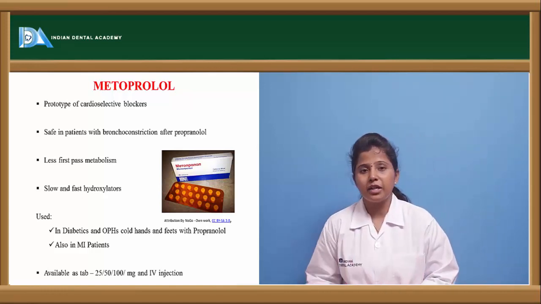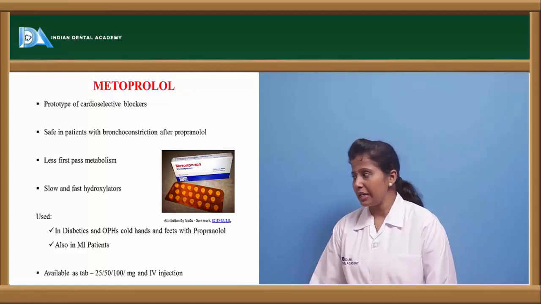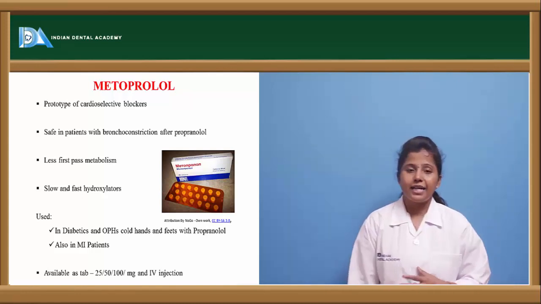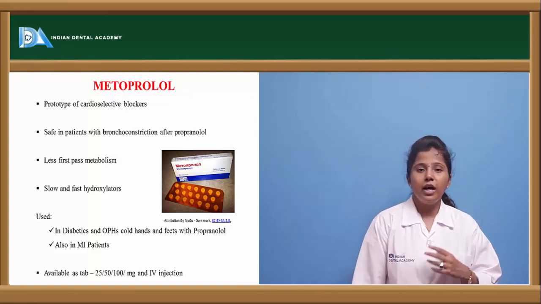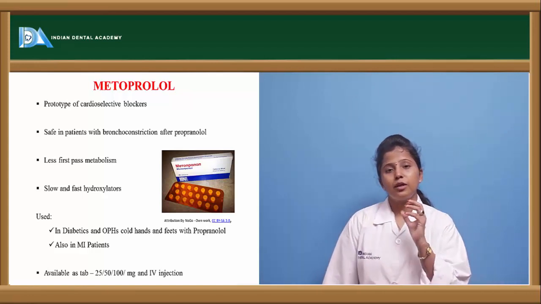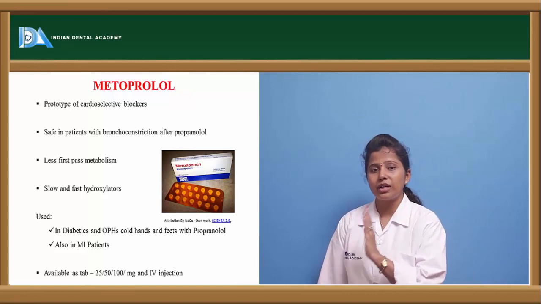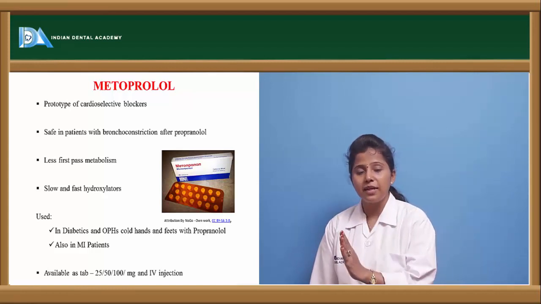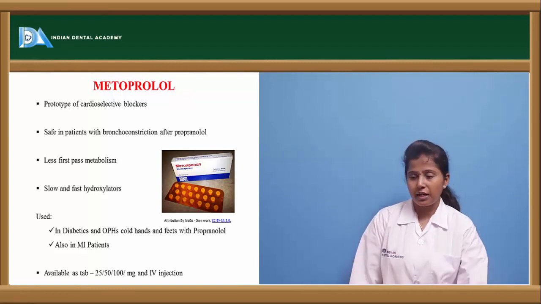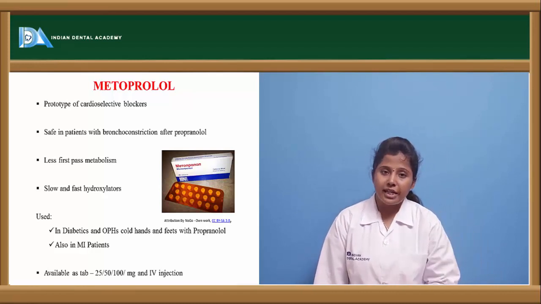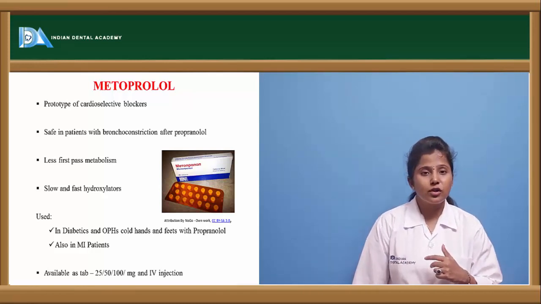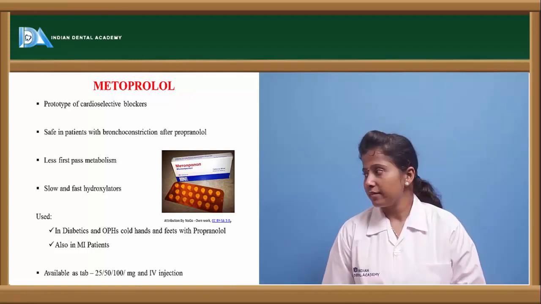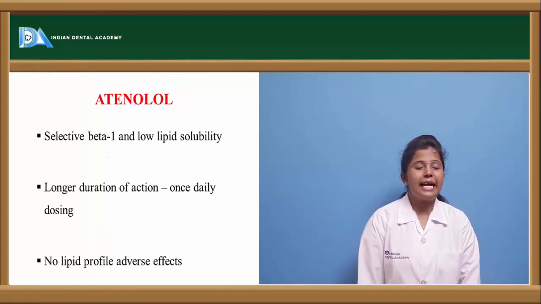The clinical applications of this drug are diabetes as well as myocardial infarction, and the metoprolol dose is about 25 to 100. I mean, 25 mg, 50 mg, 100 mg is recommended based on the condition of the person, and this dose is for tablets, as well as it is also recommended to give by IV route.